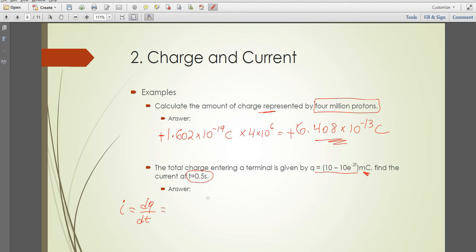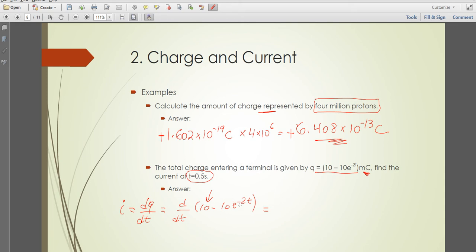If we take this equation, 10 minus 10 exponential minus 2t millicoulomb, of course, so this will give us what? The derivative of constants will be 0, right?